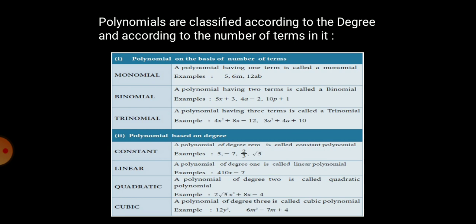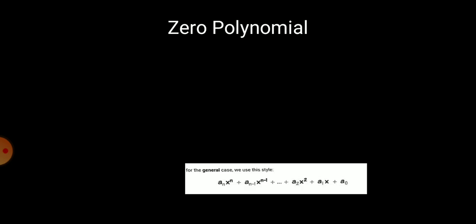The remaining polynomials are named according to their highest degree. So this is about the types of polynomials based on the number of terms or based on the degree of the polynomial.